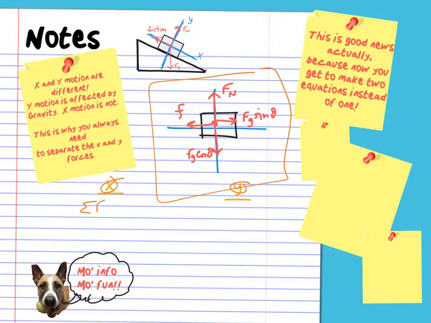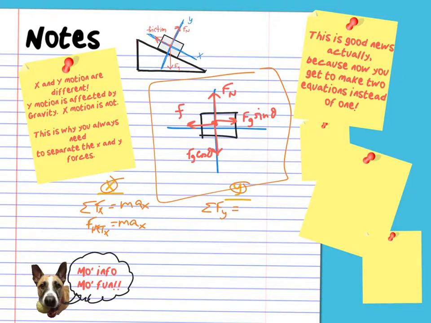The sum of all the forces equals ma. F equals ma. Maybe you are used to using F net equals ma. Whatever notation you are comfortable with, whatever your teacher wants you to use. Now, notice we're in X camp, so these forces and the acceleration are ones in the X direction.